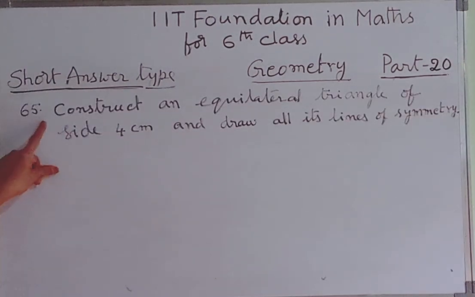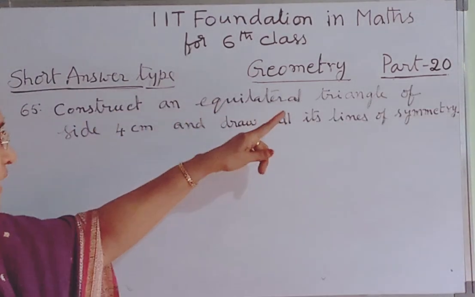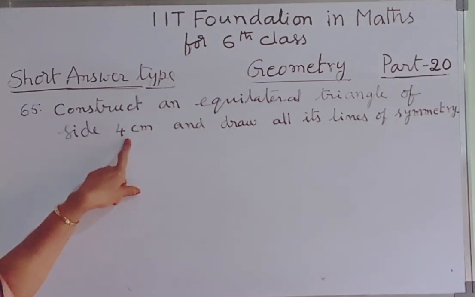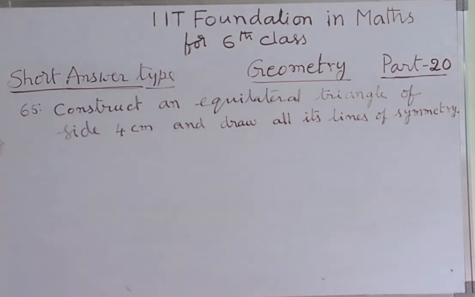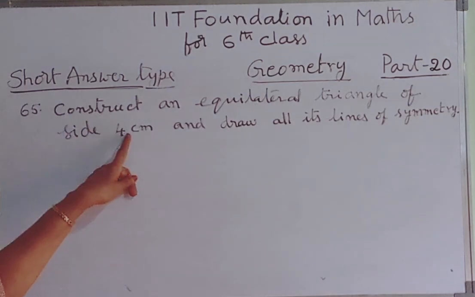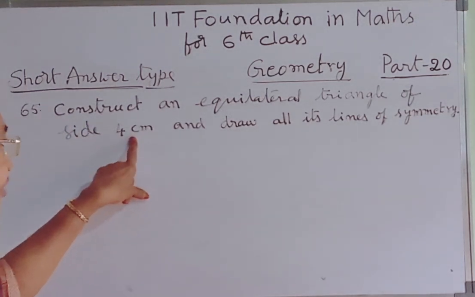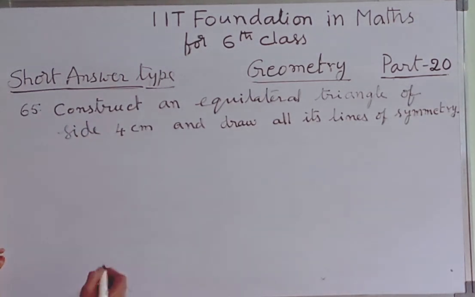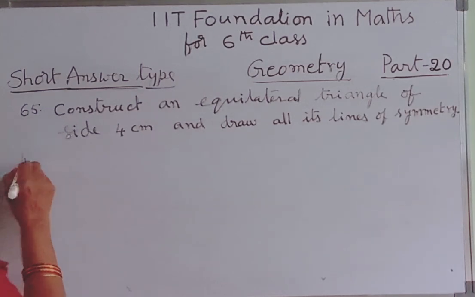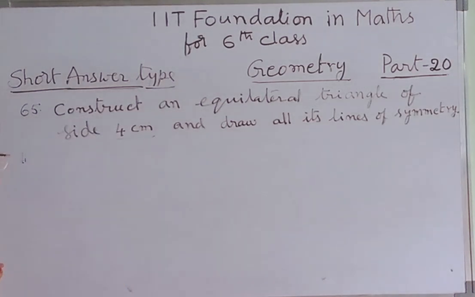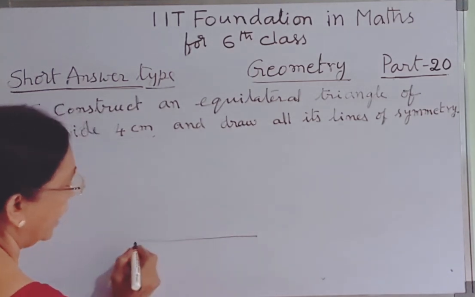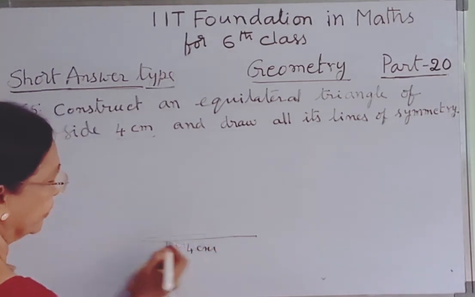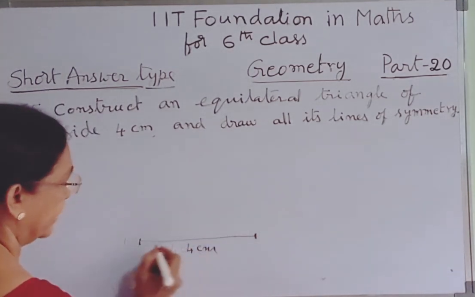So next, 65. Construct an equilateral triangle of side 4 centimeters and draw all its lines of symmetry. So construct an equilateral triangle of side 4 centimeters. First step, draw a line segment whose length is 4 centimeters. So take a scale and draw a line of length 4 centimeters. Let it be AB.